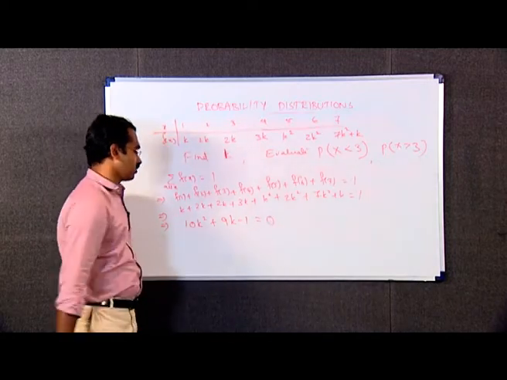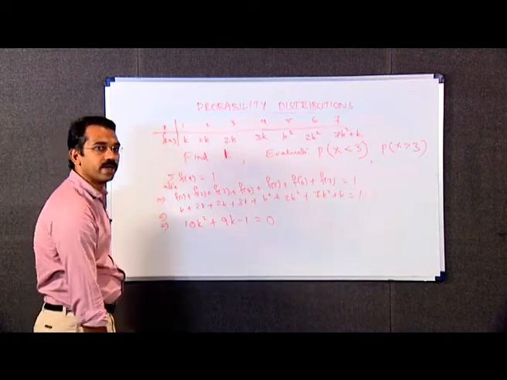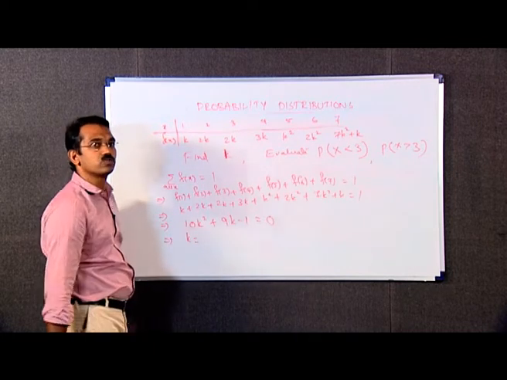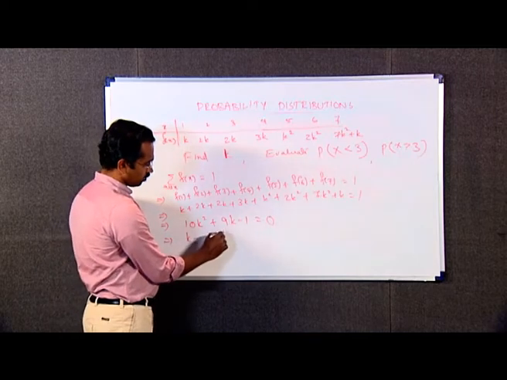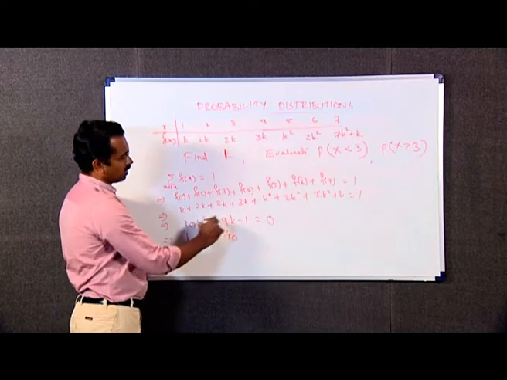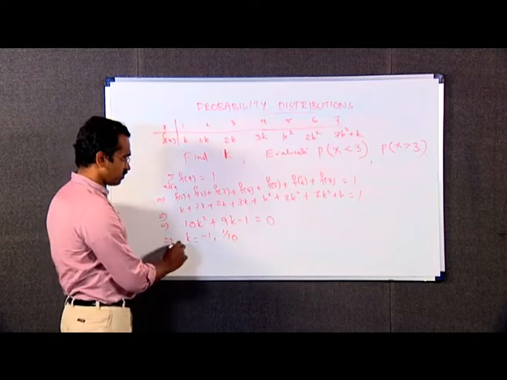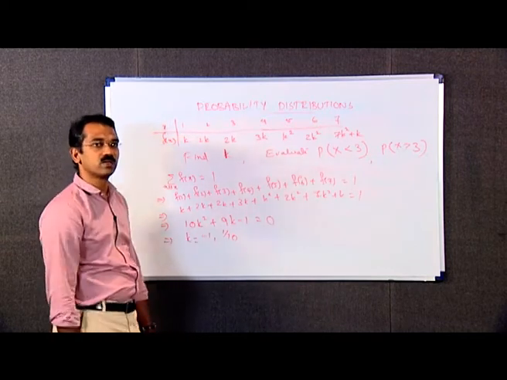On solving, it's a quadratic equation and we can solve for k. We will get k as minus 1 or 1 by 10.